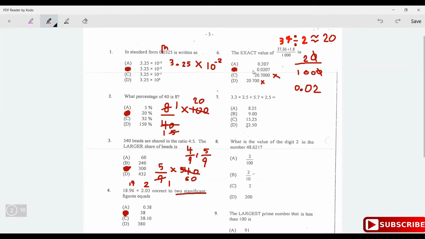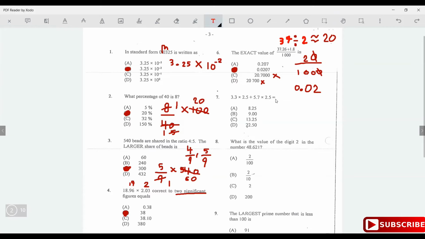See, that's how you approximate your answers, because you can't use a calculator. We don't have a calculator. And so we're going to approximate our answers like this. Look at this as 37 divided by 2. Easy.